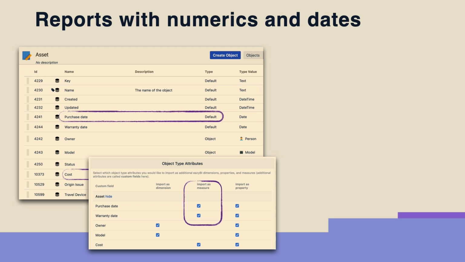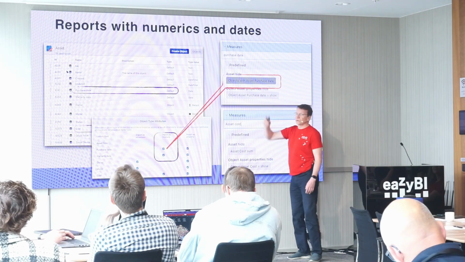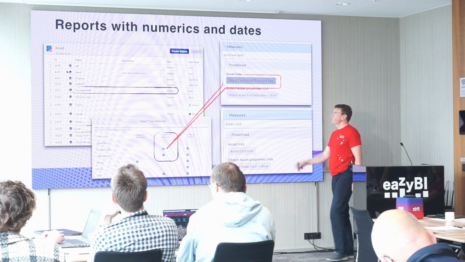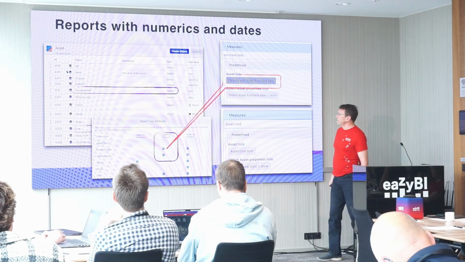You can select and import date fields as measures, and that creates a new measure for counting objects by this date. So it is mapped to the time dimension by the specific date.